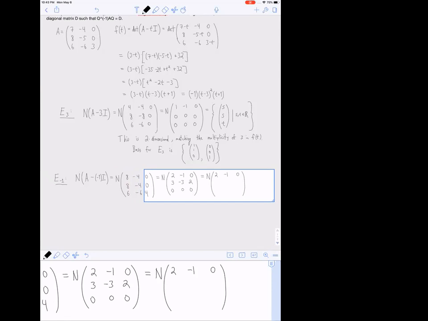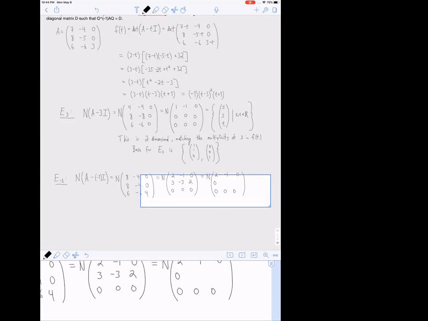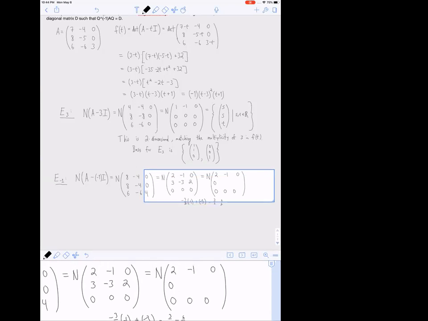So what that will do is leave us with a 0 in the first entry, and then -3 halves times -1. Let me actually write some of this out. So -3 halves times -1 plus -3. And that will be +3 halves minus, I'll call it 6 halves, leaving us with -3 halves.